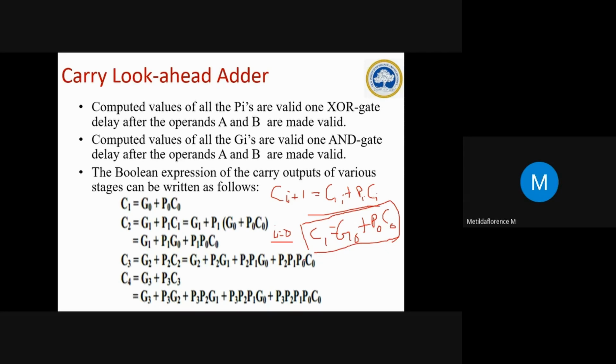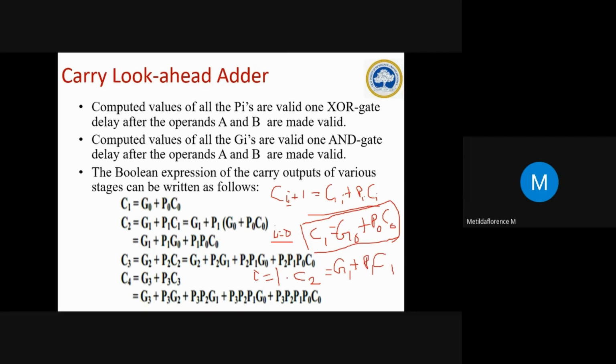Now what I have to do? Now I am going to assign i value equal to 1. If I put i value equal to 1, what expression will I be getting? i value is 1, so 1 plus 1 is 2. So C2 equal to G1 plus P1 C1.